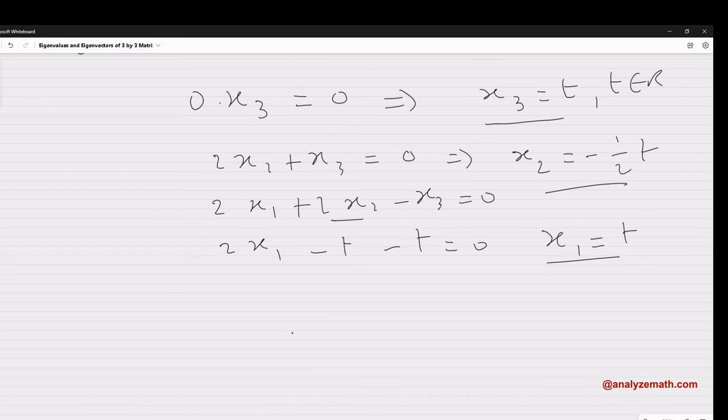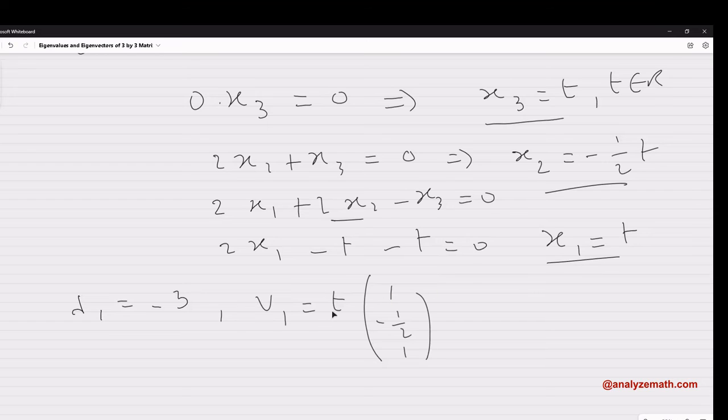And conclusion, when lambda equal lambda 1 equal negative 3, the eigenvector v1 is equal to, let's write it like this, a real number t, any real number, multiplied by the components x1, x2, x3. So for x1, we put 1 here, negative half, and then 1.